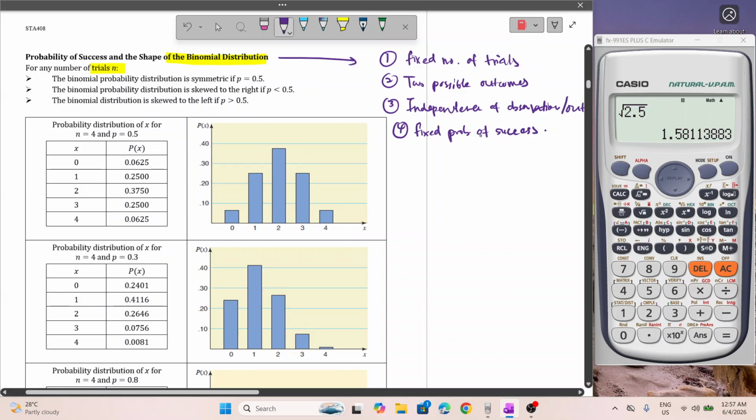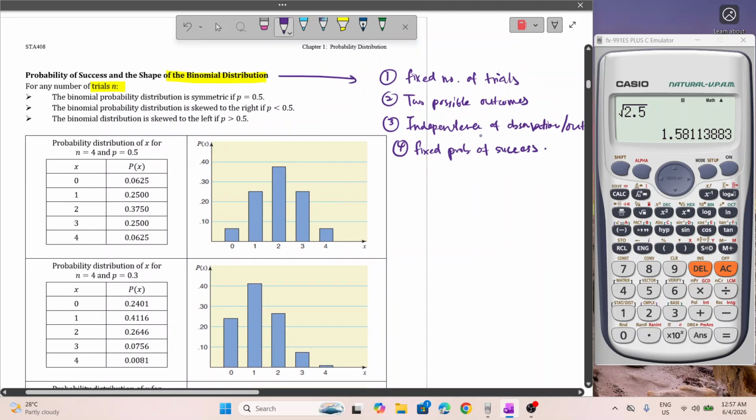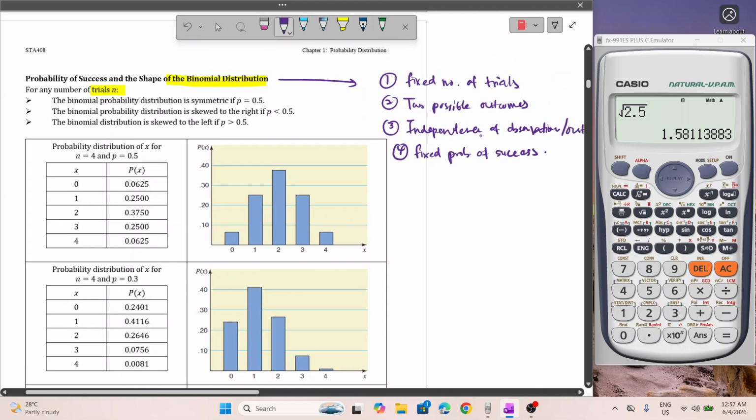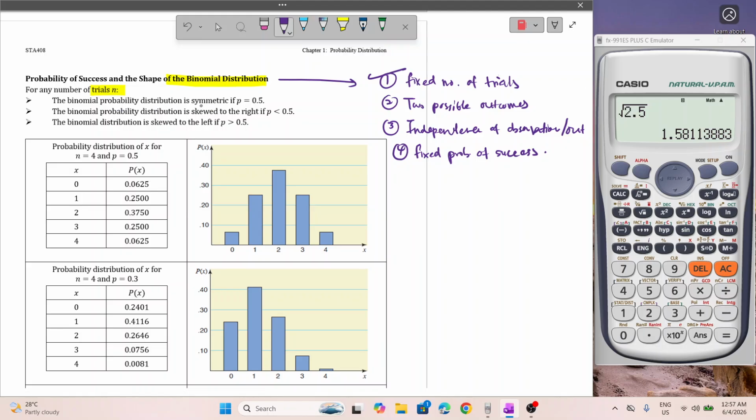So regardless of the number of trials, the binomial probability distribution is symmetric if p, the probability of success, is equal to 0.5.